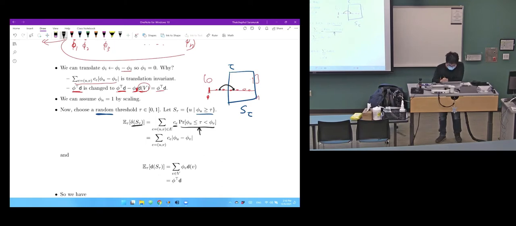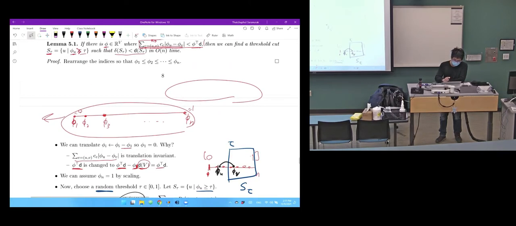This edge is cut only if tau is between phi u and phi v. But this probability is just the absolute value of the difference between the potentials. So this thing is exactly the first term here.